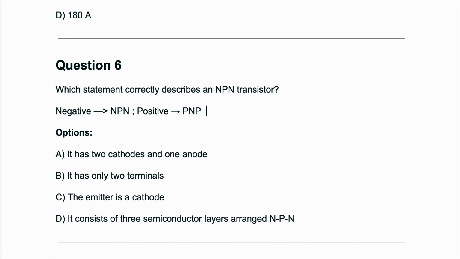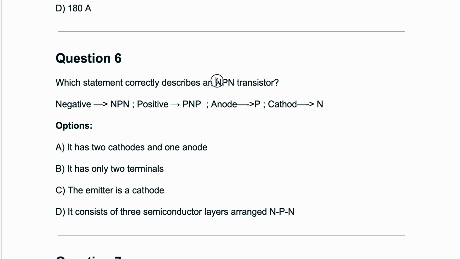And what is the P? We have anode in transistors, which we show with P, and cathode, which we show with N. So here is NPN.